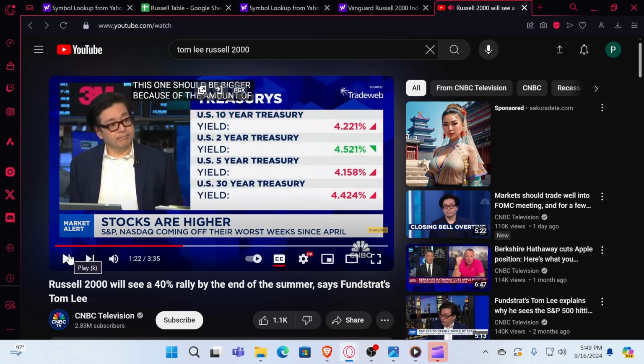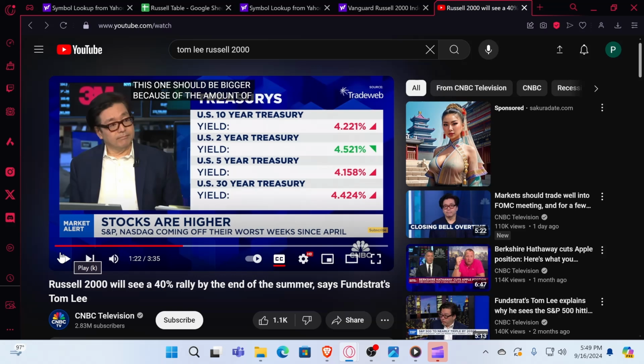Okay, so you heard Tom Lee there. He's predicting the Russell could surge by as much as 40% by the end of summer. We're rapidly approaching the end of summer here in September. But he's predicting a large surge in the Russell. What's his reasoning? You heard there, the Federal Reserve starts cutting interest rates. Smaller companies that are more sensitive to borrowing costs will have a much easier time growing.